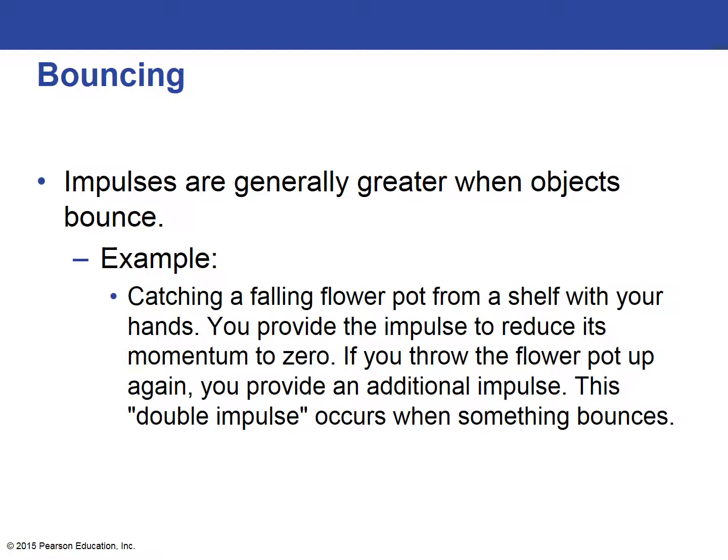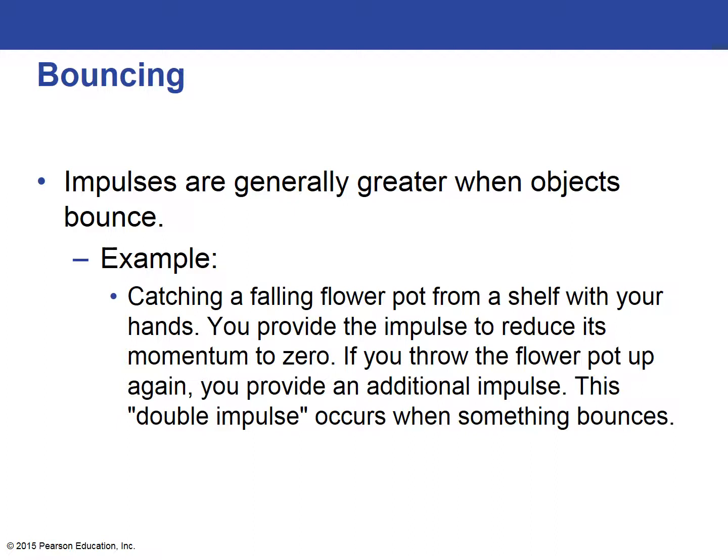So there's one impulse that slows it down as you catch it coming down, and another impulse that is given as you push up and cause the pot to return in an upward trajectory.